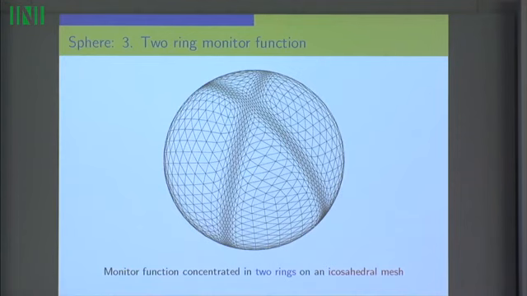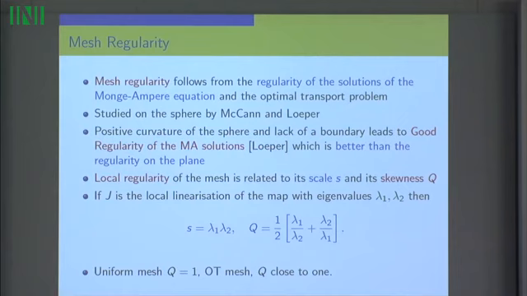Mesh regularity, which is what you were talking about, Robert. The mesh regularity essentially follows from the regularity properties of the Monge-Ampère equation. There's a thing called the skewness factor. If you're looking at a mesh, it is locally going to be generated by this Jacobian of the map.